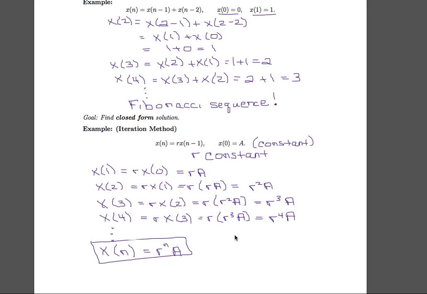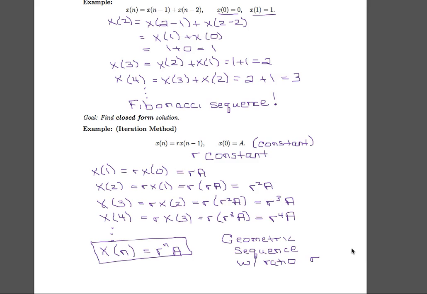So a couple quick notes about this specific example. First of all, you might see the terminology geometric sequence when referring to the sequence of terms that arises from this particular recurrence relation. And it's a geometric sequence with ratio r.